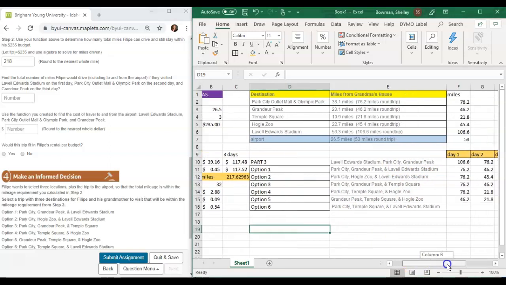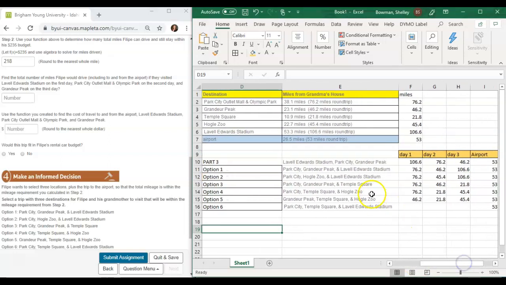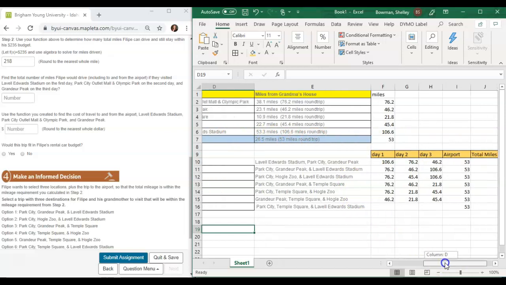So I've gone through and just written some of this down really quickly so that we can see all of the miles and round trip, because we will be going to and from Grandma's house. And just so that I could cell reference, I typed it off to the side over here. And then I also added down here the airport so that I didn't forget, because he needs to get to and from the airport.